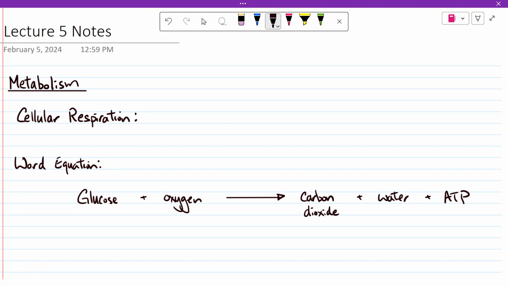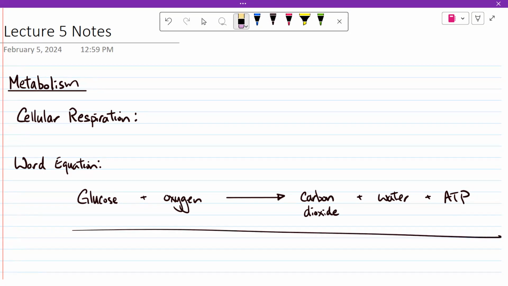We use ATP for different things, for chemical reactions. We use it for movements, which we call mechanical work in the slides. We can use it for transport. But this is the main method of making ATP.